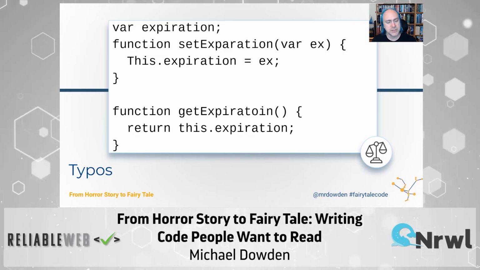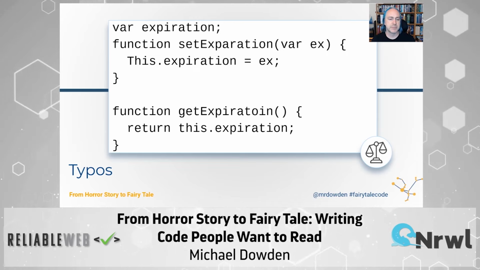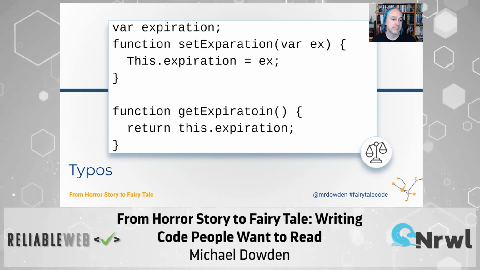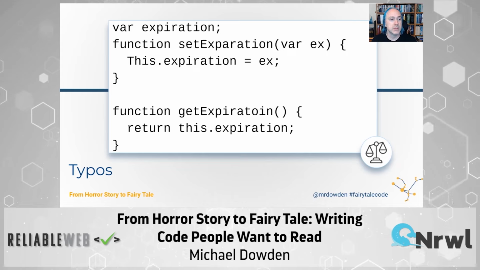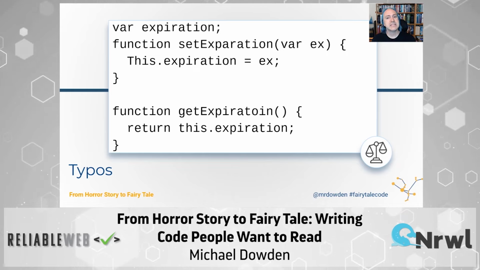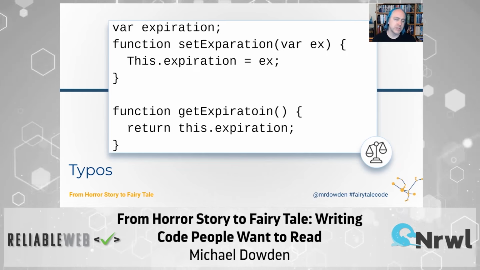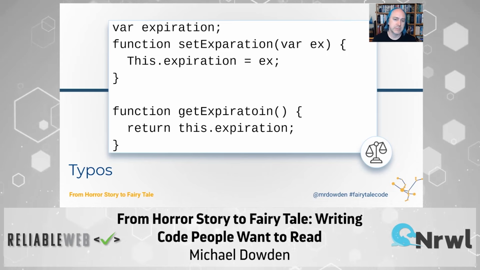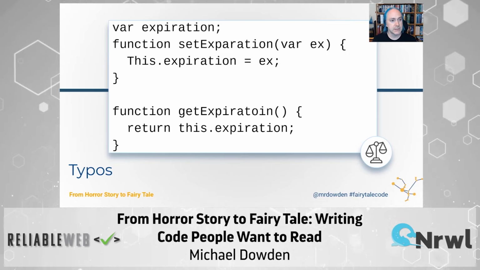I would miss a bunch of those places because a simple find and replace, for example, wouldn't work. So spelling can actually be really important in our code because it provides consistency.